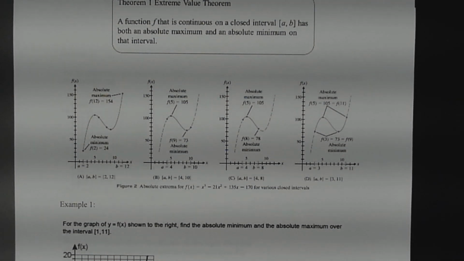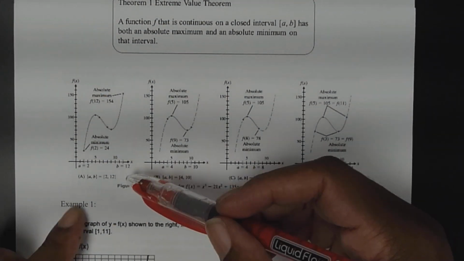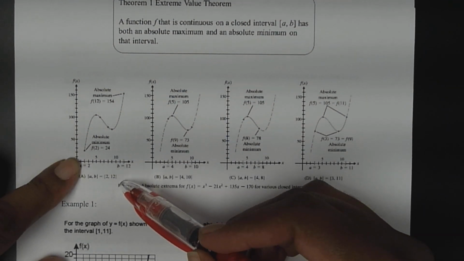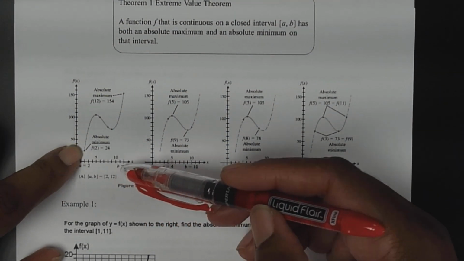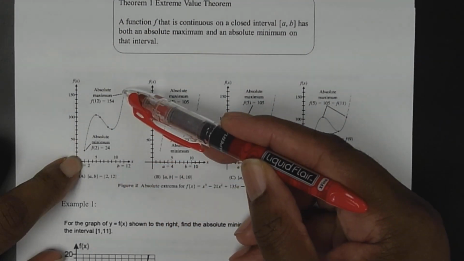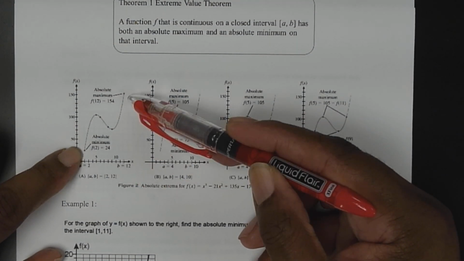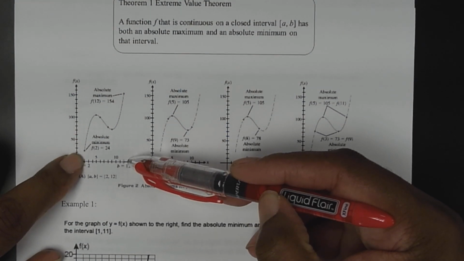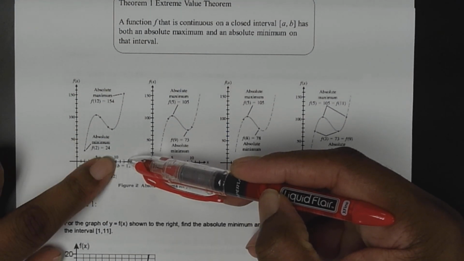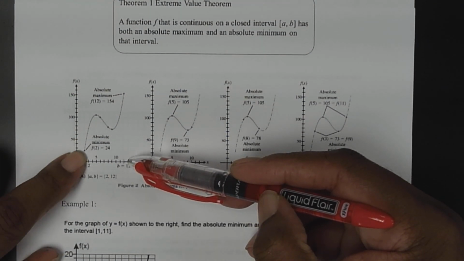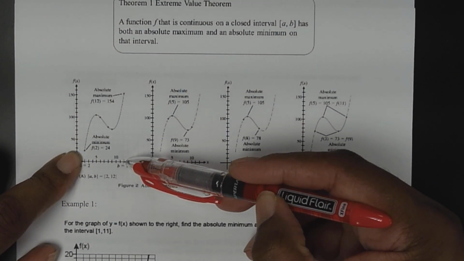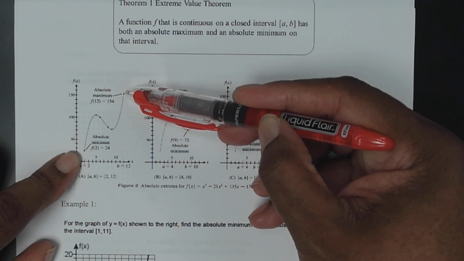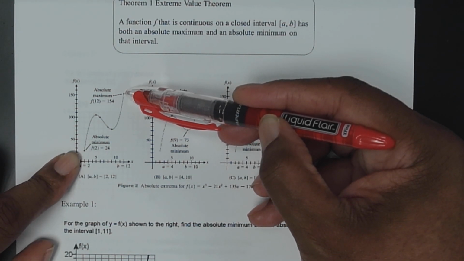And this is for various closed intervals. This first graph is for the interval [2, 12]. So if you look at where a is 2 and b is 12, you can see that the absolute minimum is right here. It's 24. It occurs when x is equal to 2 or when a is equal to 2. And here the absolute maximum is 154. It occurs when b is equal to 12.